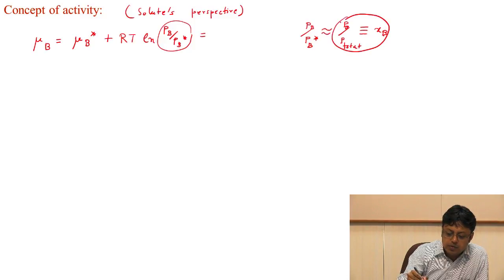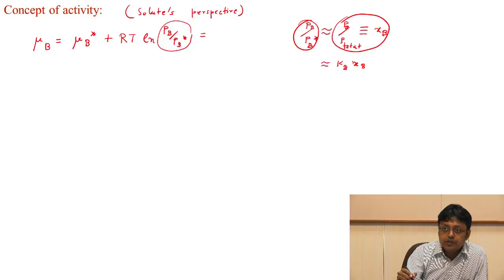Equating this with this is not very correct from the solute's perspective. And so what Henry said is that it can instead be thought of as some kind of proportionality with respect to the mole fraction.